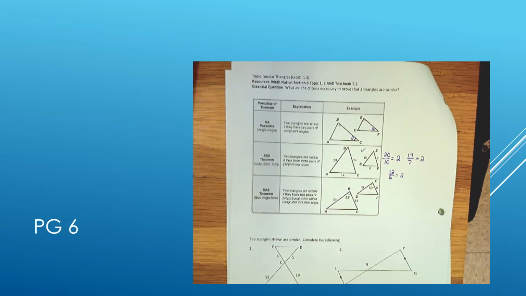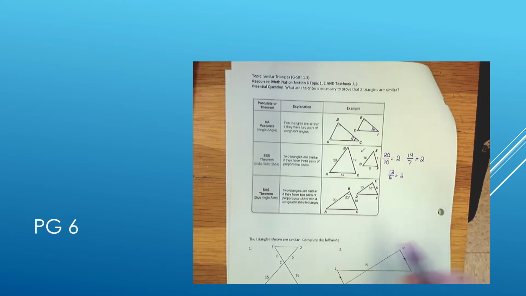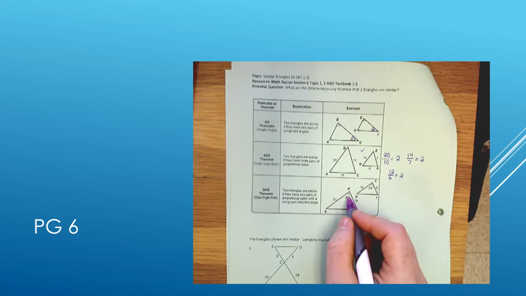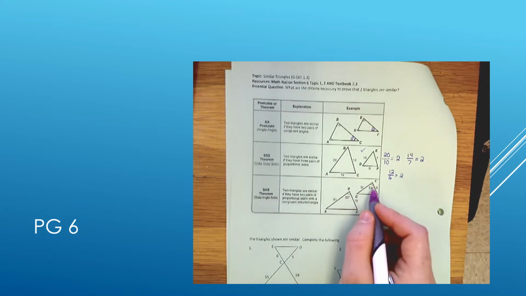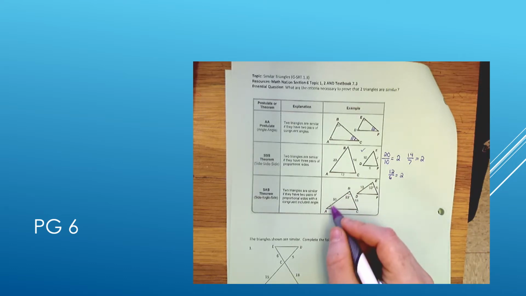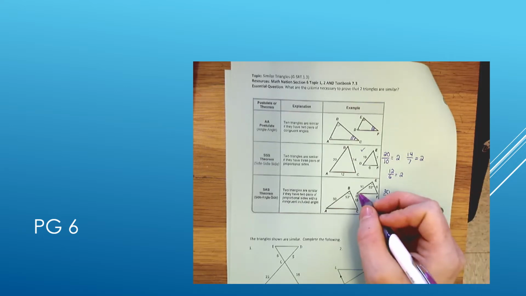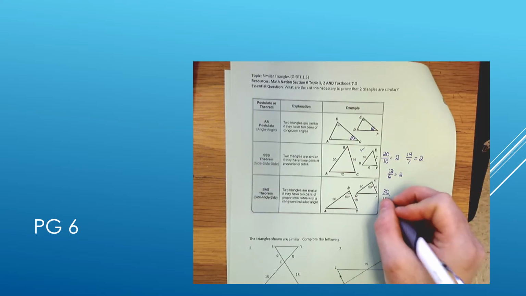The last one here is the SAS theorem. Two triangles are similar if they have two pairs of proportional sides with a congruent included angle. So the sides that match up have to be proportional, and they have to have an angle that is congruent. For this one, AB was 30. 30 correlates with DE, which is 10.